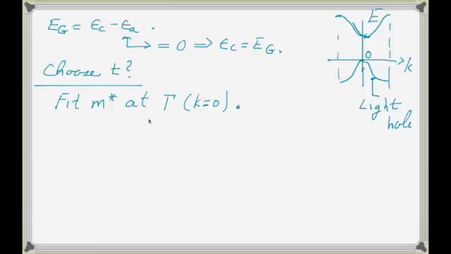And we'll see the effective mass of the light hole band tends to be pretty similar to the electron band. So it's not too bad from that point of view. Okay, so you choose your favorite mass, whether it's the conduction or light hole, whichever is more important to your problem, and you choose T so that you get that mass, or maybe you want the average of the two, whatever. You can choose T to get the mass you want.